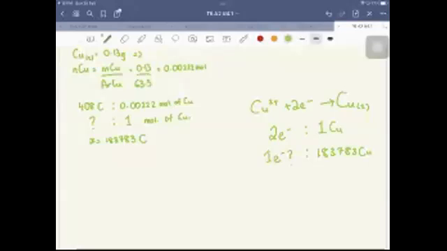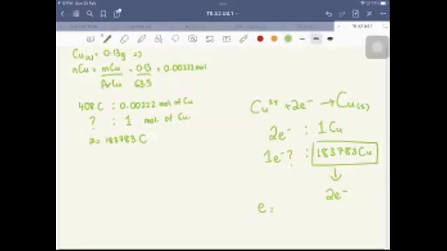Right? So in order to produce 1 mole of copper, 2 electrons are needed. So this is equivalent to the charge of 2 electrons. I want the charge of 1 electron, which is what my symbol E is. The charge of 1 electron is equal to 183,783 divided by 2.